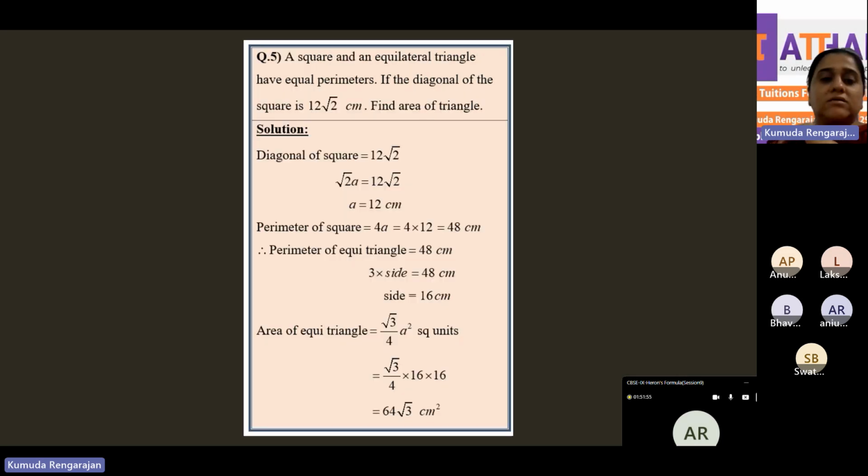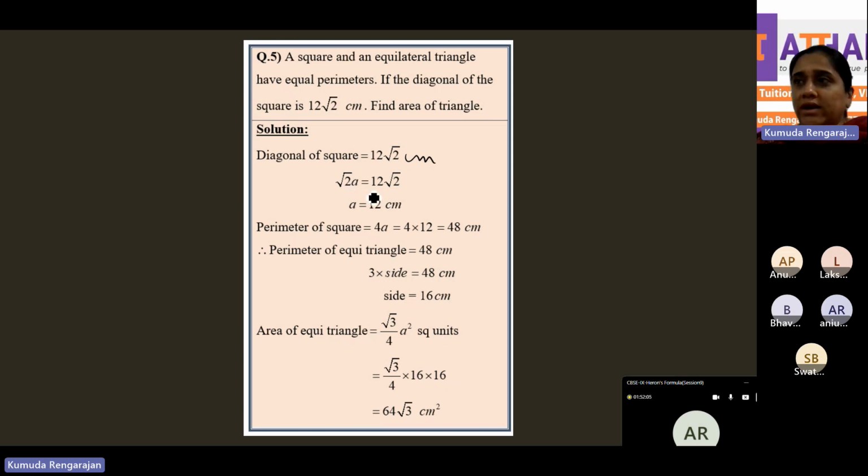What's the formula to find the length of the diagonal of a square? Root 2a. So see here, diagonal is given, 12 root 2 centimeter.